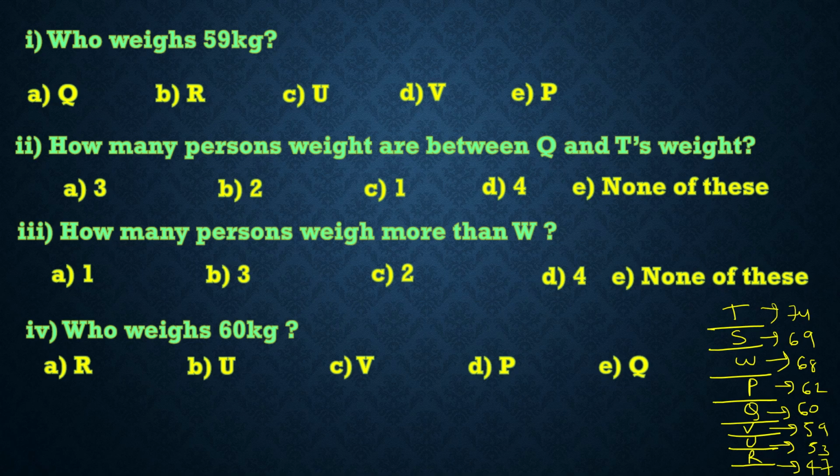Now, first they have asked who weighs 59 kg? V weighs 59 kg. Correct? V is the correct option. D is the correct option.